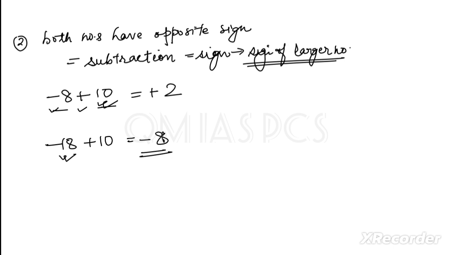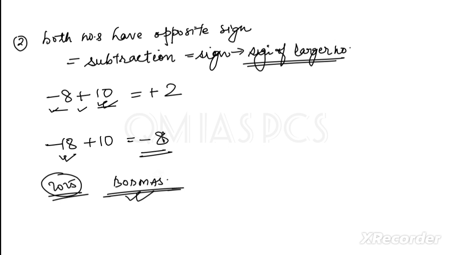See, this is basic, but why are we discussing it here? Because in 2025 also there was a question of replacing signs, and in that question we will use these basic mathematics, and try to solve based on this.